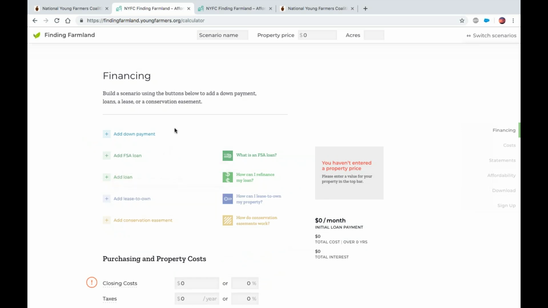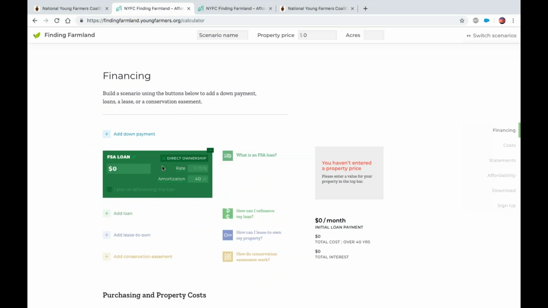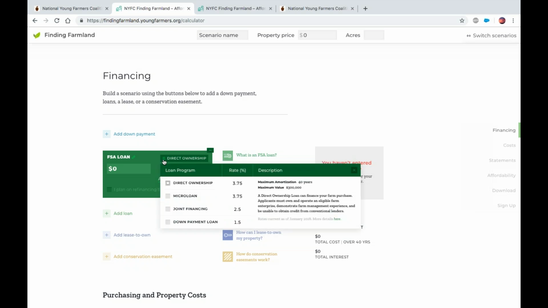So let's just walk through a couple of the other, maybe more complicated financing options here. So there's down payment, there's loans, there's FSA loans. And since FSA has a few different types of ownership loans, we have this little drop down here that can explain the different ones. And then the rules associated with those different loans are built into the calculator, so it could tell you if you're doing something wrong.